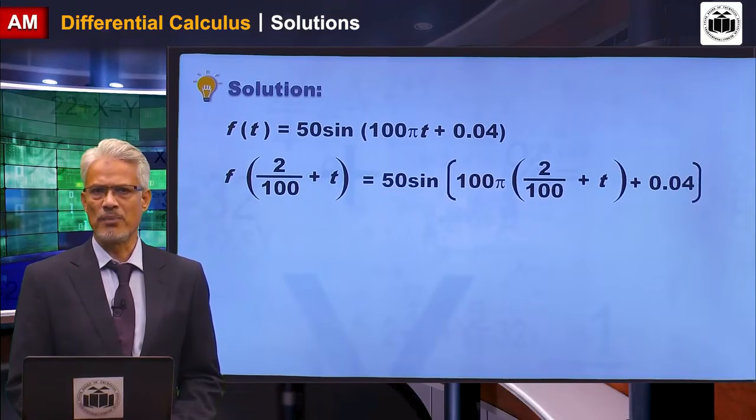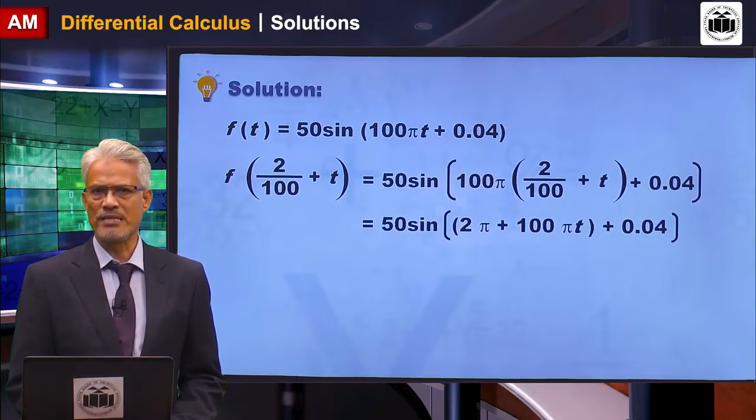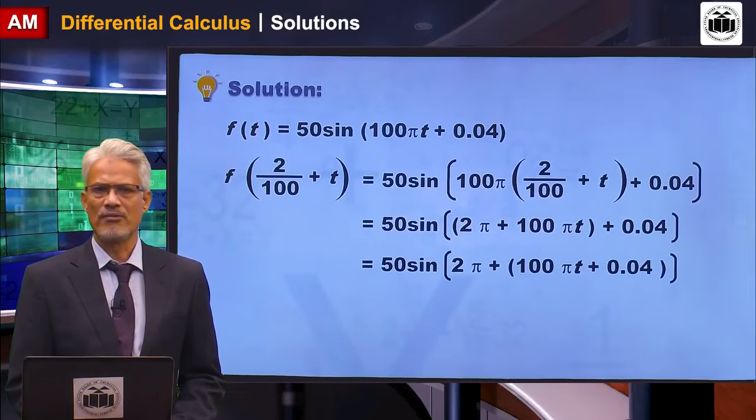If you multiply carefully and follow BODMAS, it is equal to 50 sin(2π + 100πt + 0.04). Now, we are making a little change in the bracket.